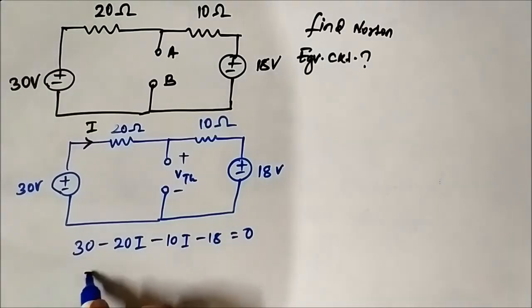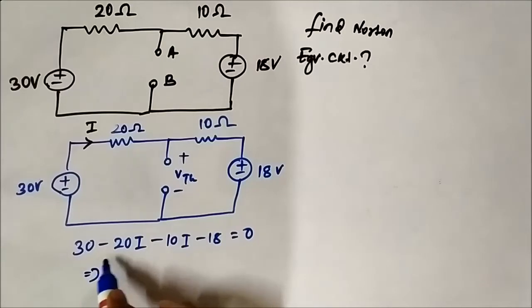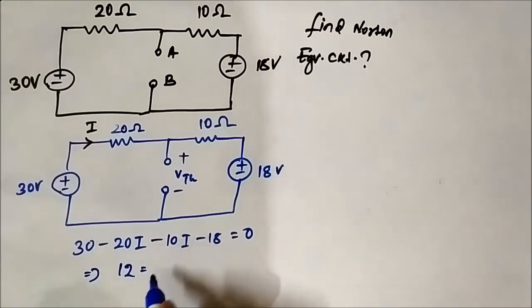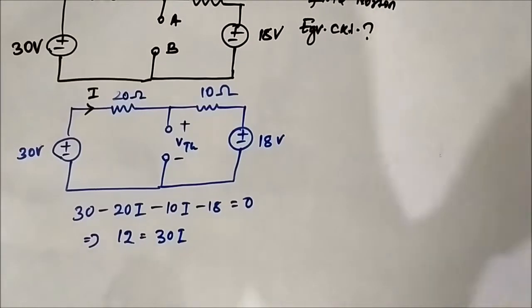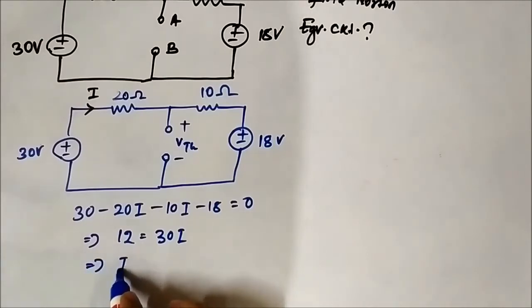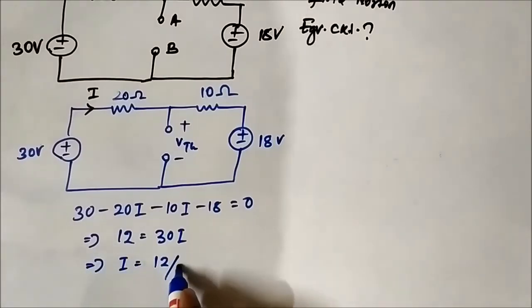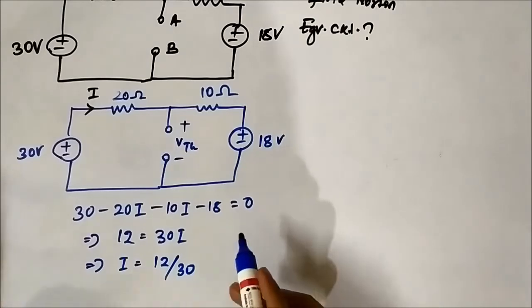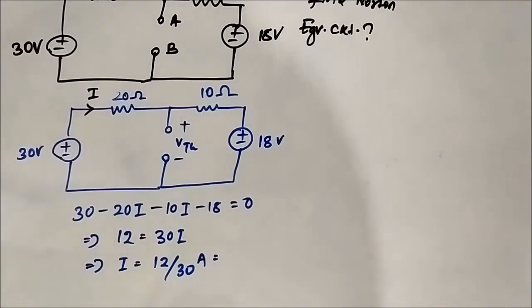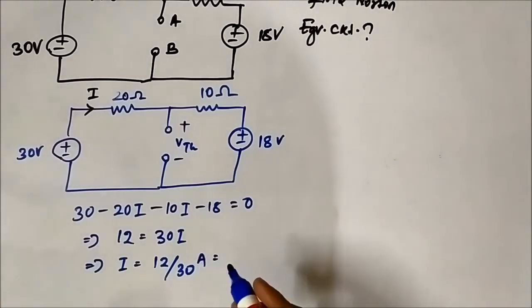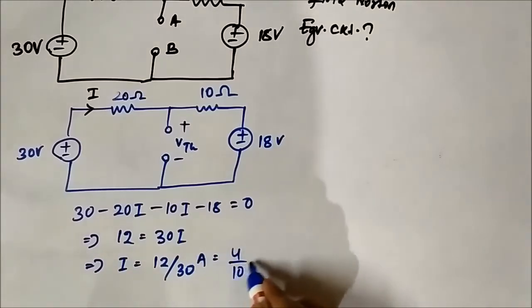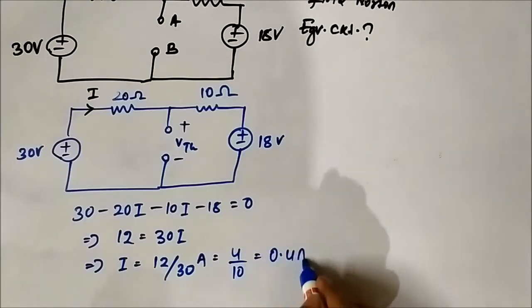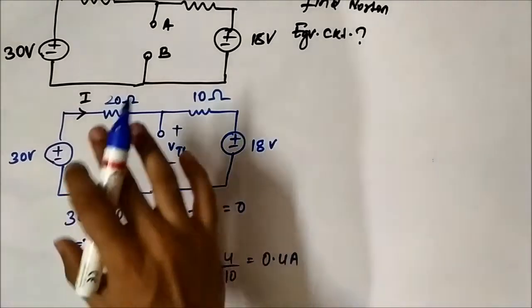That implies 30 minus 18 is 12, so 12 is equal to 30I, or I is equal to 12 by 30 ampere. Dividing by 3, it will be 4 by 10, which is equal to 0.4 ampere. So we have got I.